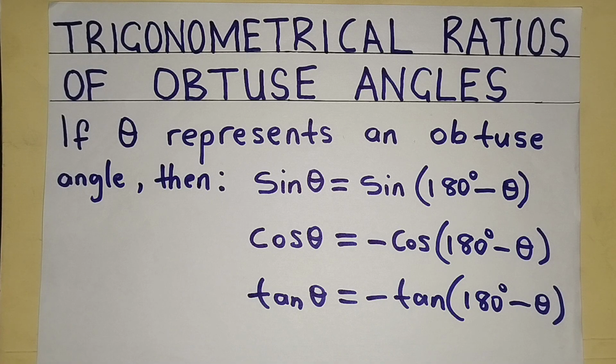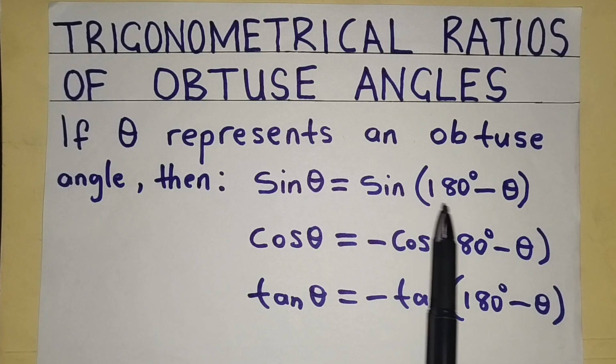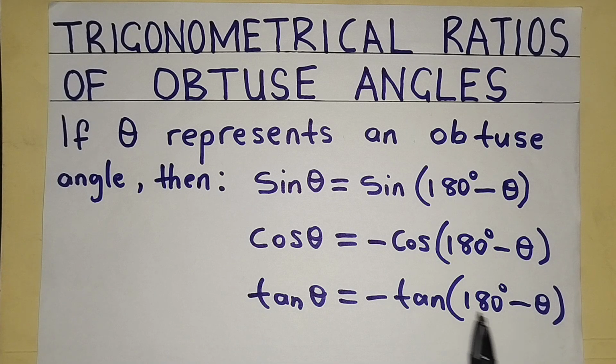Okay, so this theta here represents obtuse angles, and this 180 minus theta represents an acute angle. So the sine of an obtuse angle equals the sine of the acute angle, which you get after subtracting theta from 180 degrees.